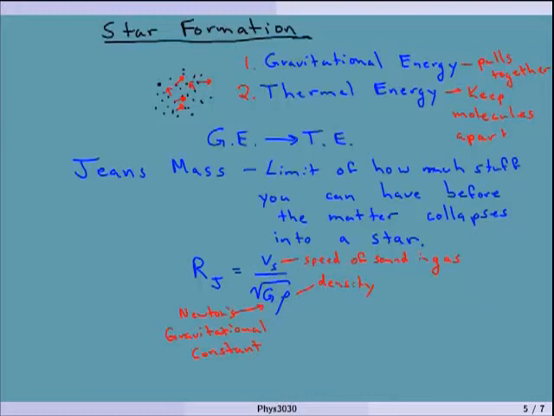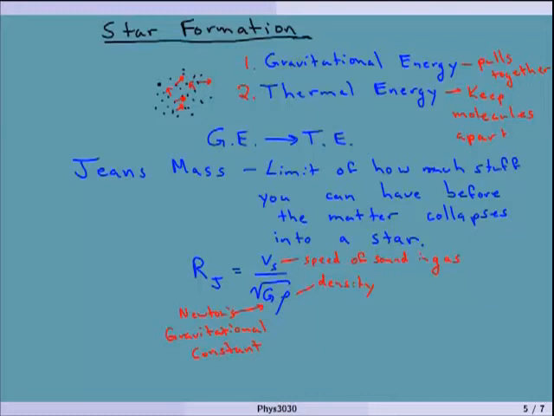The idea here, the story goes, is that we get some amount of thermal energy. The gas starts heating up, and as it heats, it starts pushing back. It gets hot enough that the thermal energy is big enough to balance the gravitational energy. The pressure from the thermal energy balances the gravitational energy in some sort of stasis.